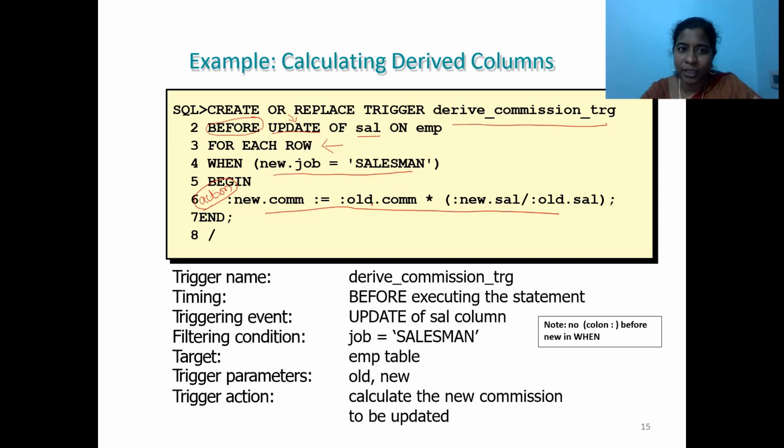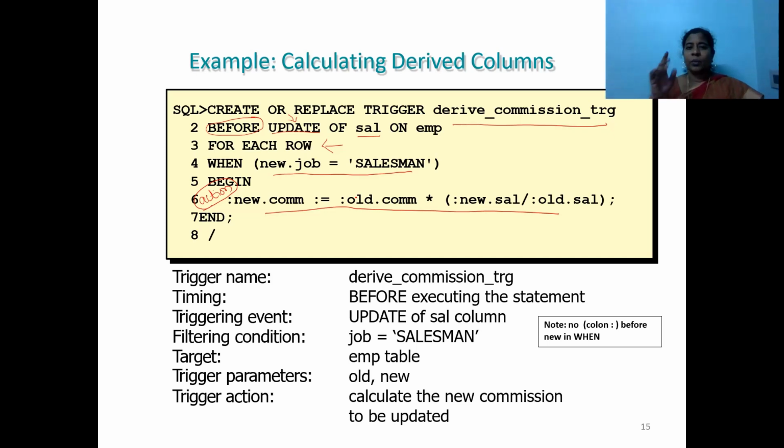So what we are doing is calculating the new commission. The new commission is equal to whatever is the old commission. Before update, some value will be there, no? So old commission into new dot salary divided by old dot salary. So you're deriving the commission.